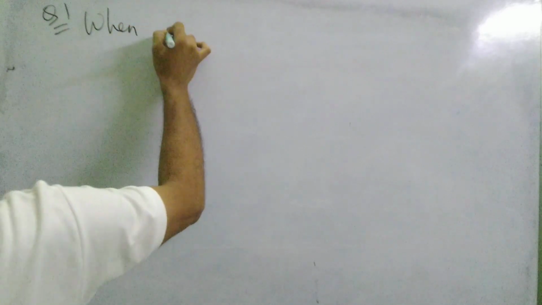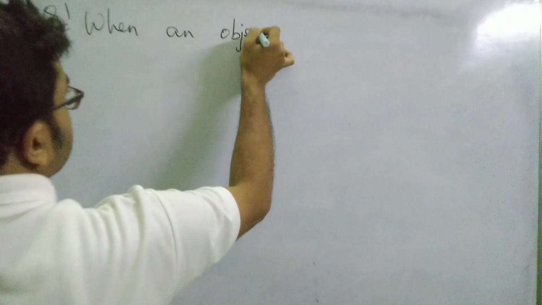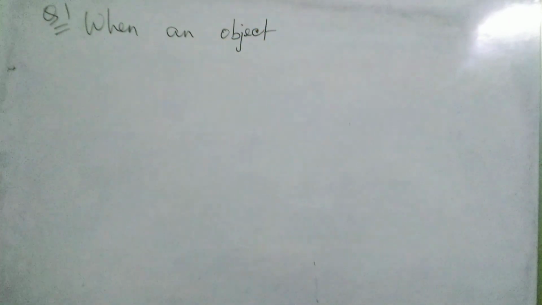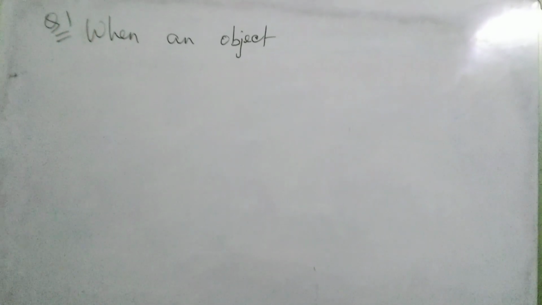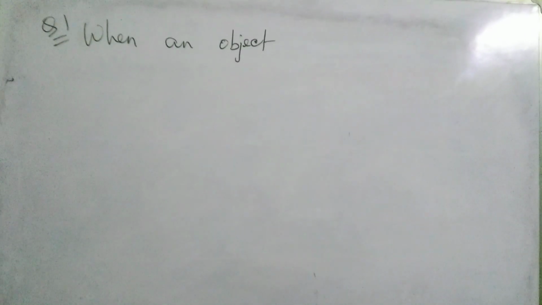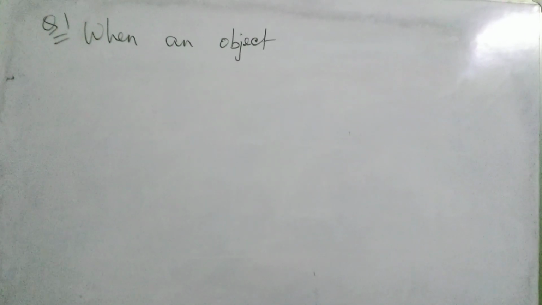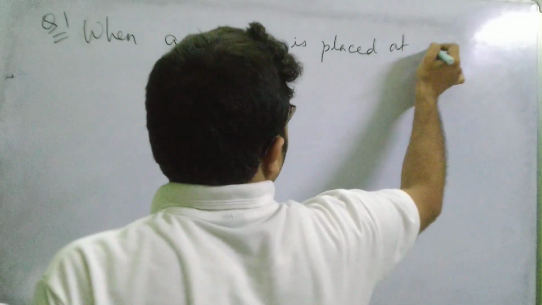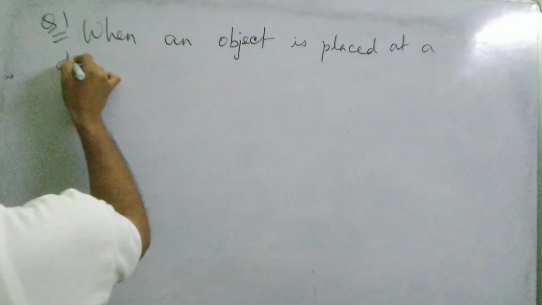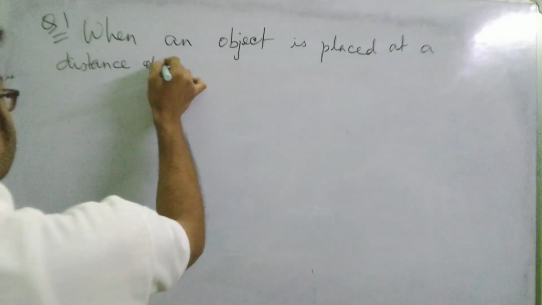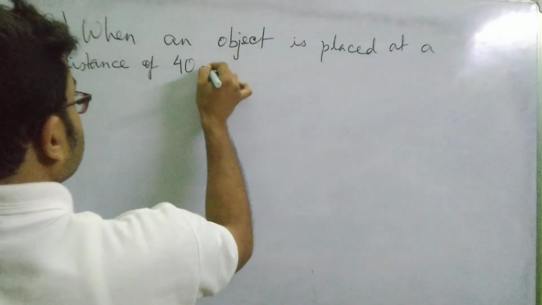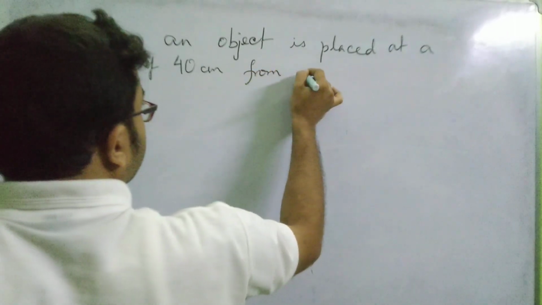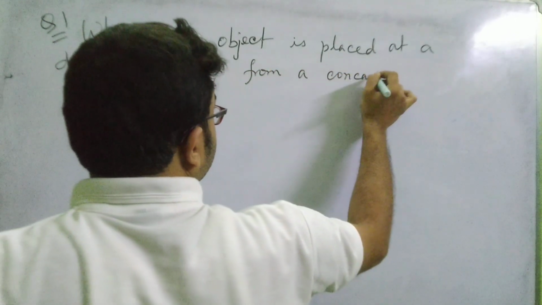When an object, I hope it is visible. Okay, now it is visible. Yeah, so it is saying that when an object is placed at a distance of 40 centimeter from a concave mirror.